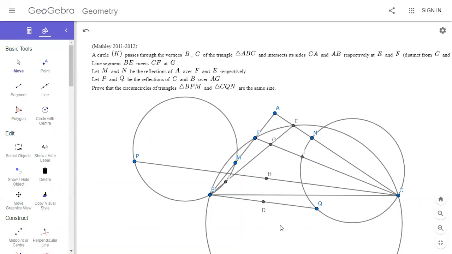But wait, P and Q are the reflection. Wait. Don't we know that AGH is collinear because P is the reflection of C over AG? Yeah, actually, we do know. Now I'm confused what it is I'm confused about. So I think we might just have proved it.